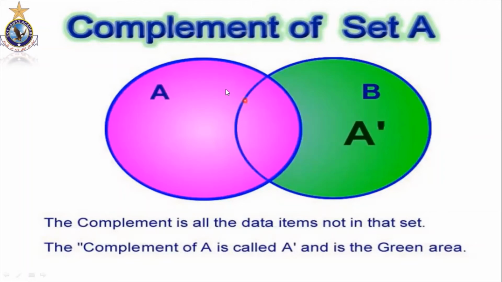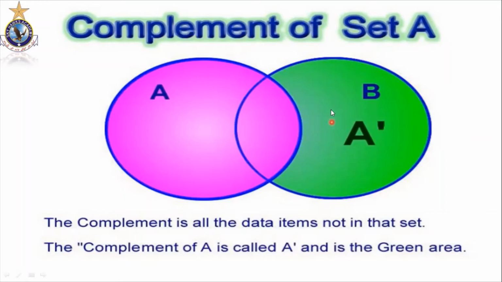We are subtracting the whole of A, including the common area, the common things, and we are just getting this green, which is only in B, never belonging to A.